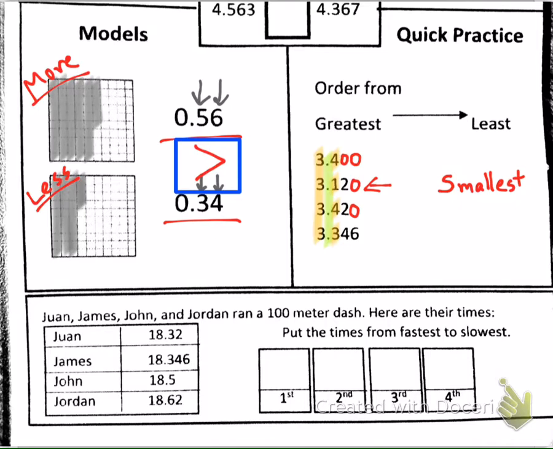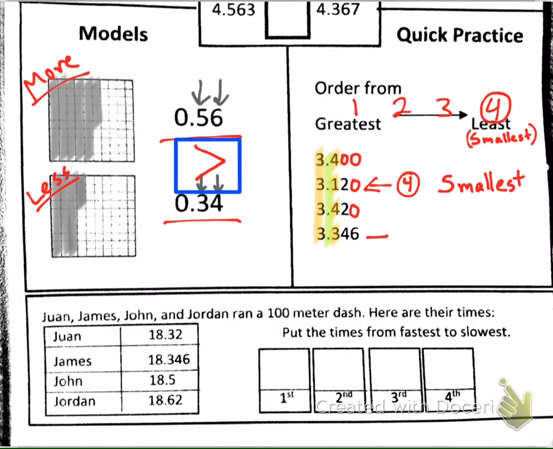And because we want the order to go from greatest to least, that means we're going to have that number in the last place. So out of the 4 numbers, that's going to be the 4th place, because that's the smallest number. So I'm going to put 1, 2, 3, 4 up there so you can kind of see what I'm talking about. And now we just found number 4, the smallest, because the word least means smallest.